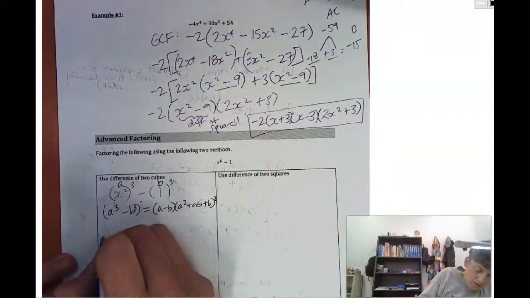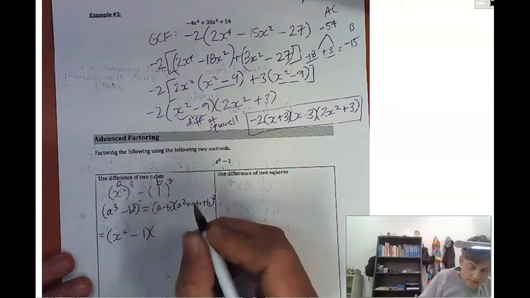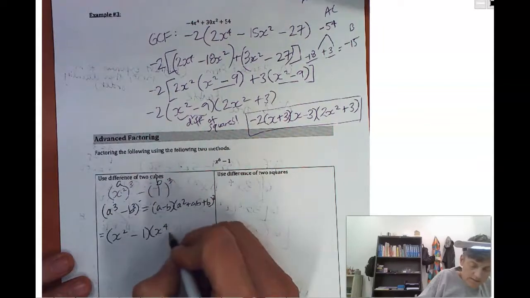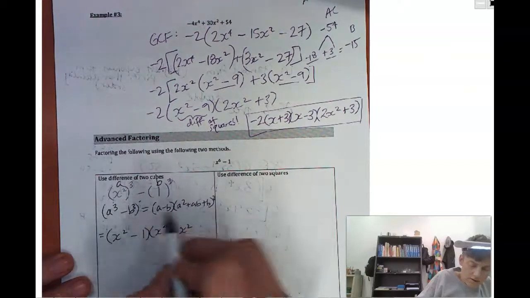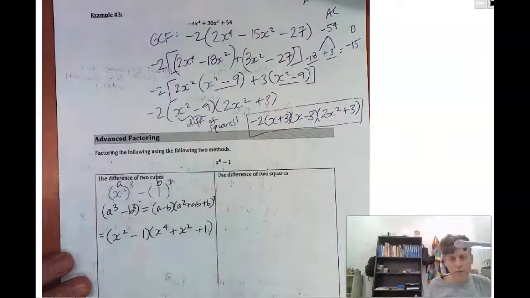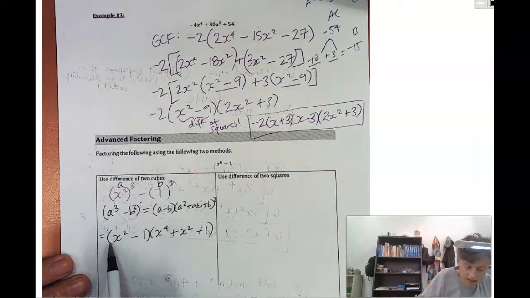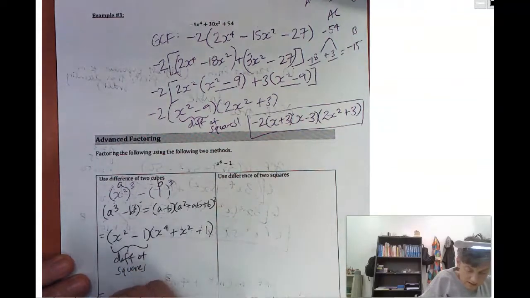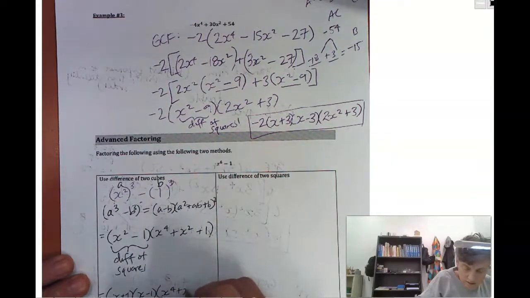So this will factor to x squared minus 1, times x to the 4th, plus x squared times 1, which is x squared, plus 1 squared, which is 1. Now, this trinomial here, never factorable. This right here, though, is a difference of squares. So that's factorable. So this will become x plus 1 times x minus 1 times x to the 4th plus x squared plus 1.